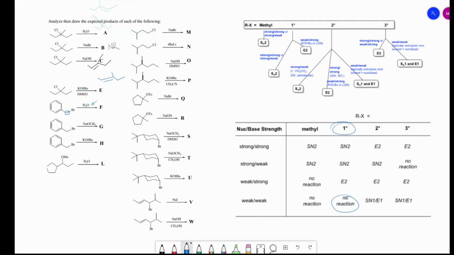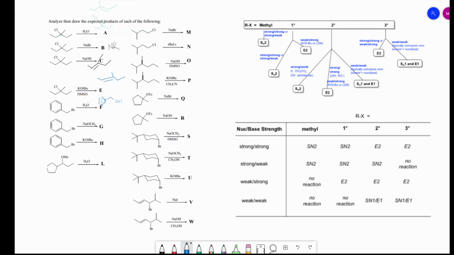This isn't something that would be asked in my class, but if you're studying for the MCAT or something similar, I have no idea if you're going to need this information. When you have a benzylic alkyl halide, you have some special stability, so you will form the substitution reaction.